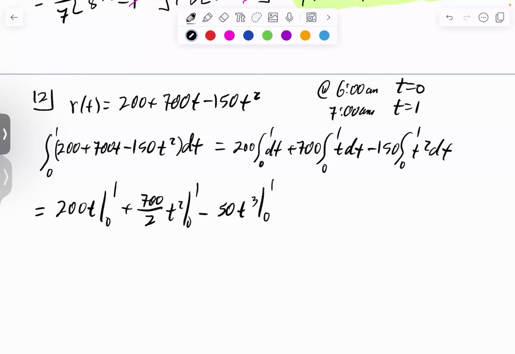Again, this part here becomes 1/3 t to the third. And 1/3 times the 150 is just the 50, in case you thought I skipped too many steps. So the 1/3 times negative 150 gives me the negative 50.